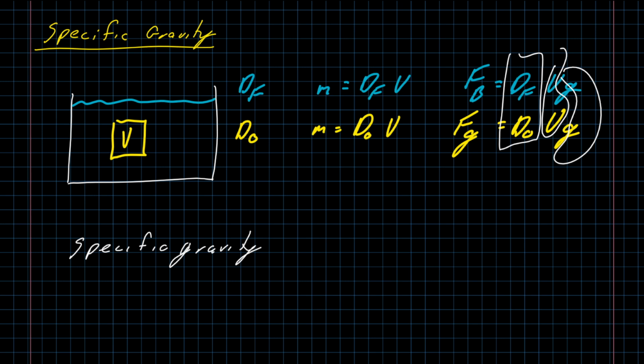For reasons that mostly come down to convenience and historical practice, instead of comparing densities, we tended to compare the specific gravity of the object. And the specific gravity is simply the density of the object, or the density of the material, I guess makes more sense because I'm now talking about oil, not a jar full of oil.